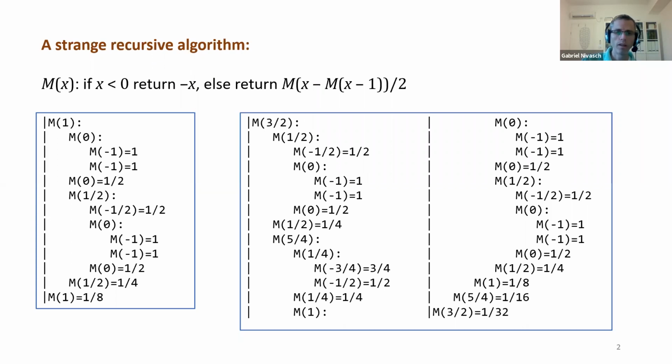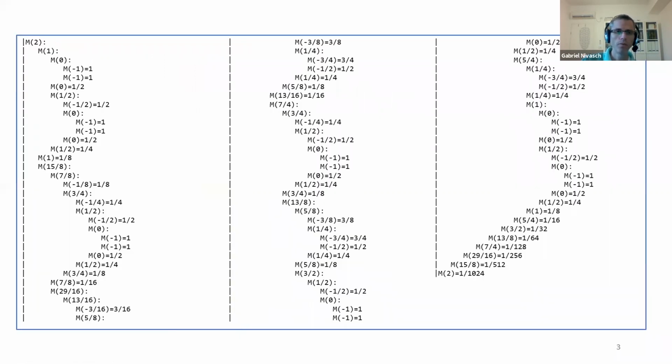And M of 1.5, you first have to compute M of 1/2, which we said is a quarter. And then you do 1.5 minus a quarter, which is 5 quarters. And that turns out to be 1/16. So 1/16 divided by 2 is 1/32. And let's see what happens if you compute M of 2. Then it gets longer, and at the end you get 1 divided by 1024. So M of 2 is 2 to the minus 10.